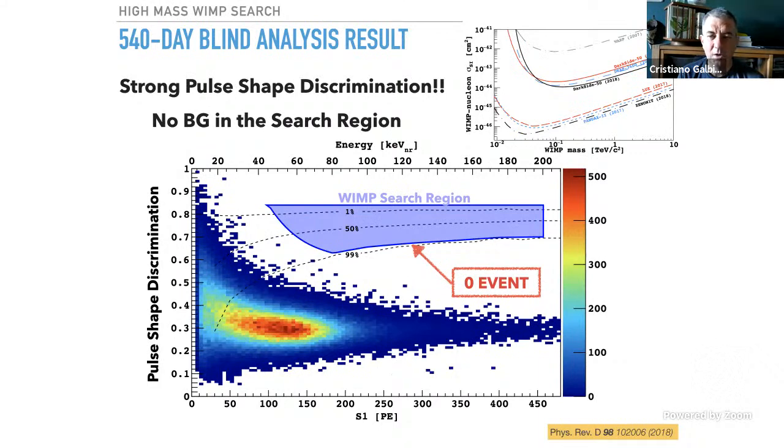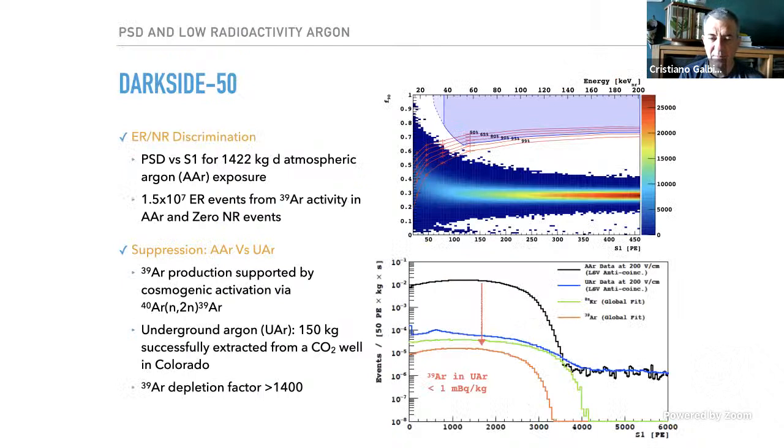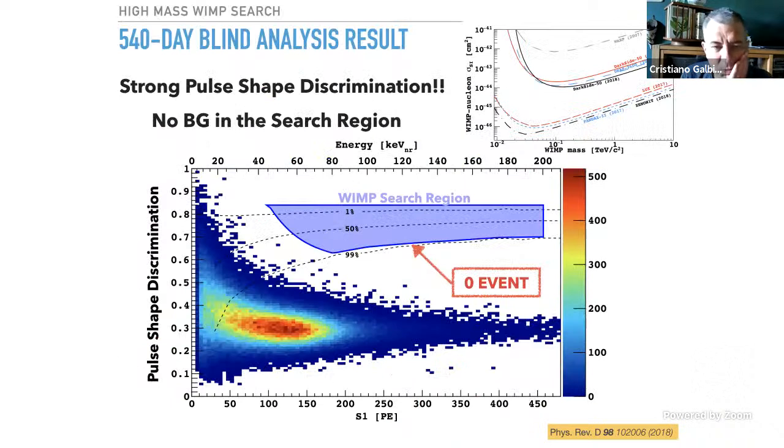Okay, we moved on. This result on the upper right was obtained with atmospheric argon, with a short run to collect a very strong statistic of argon-39. Then the project moved forward to perform a blind analysis over 1.5 years of data.